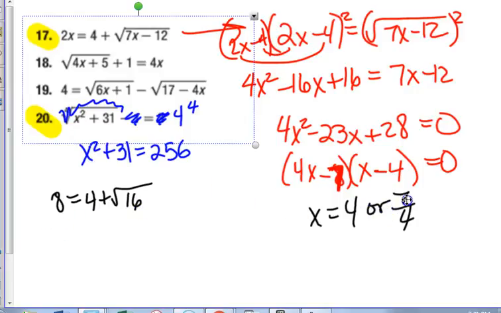Okay, I need somebody with a calculator. 2 times 7 divided by 4. 3.5, right? Now do 7 times 7 over 4 minus 12. What do you get? 0.25. Okay, and then you square root it and you get 1/2.